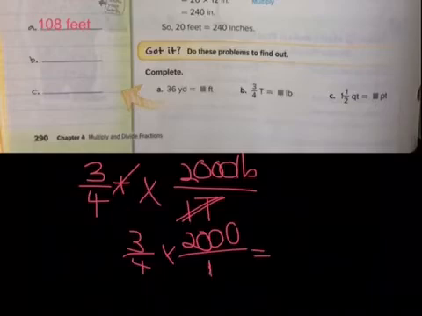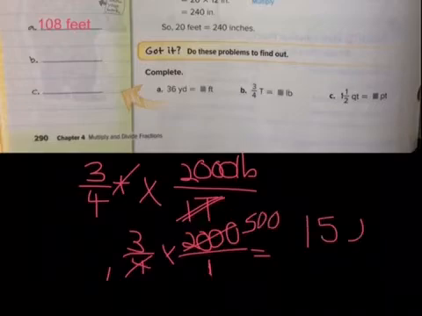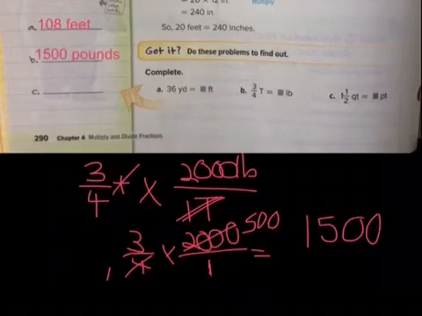Actually, we can do a little cross-referencing if you wanted to, where here you have a 4, and this is divisible by 4, so here you have 1, and here you have 500. You divide both by 4, right? And now 3 times 500 is 1,500, over 1. So you have 1,500 pounds, or you can write LBS for libras.